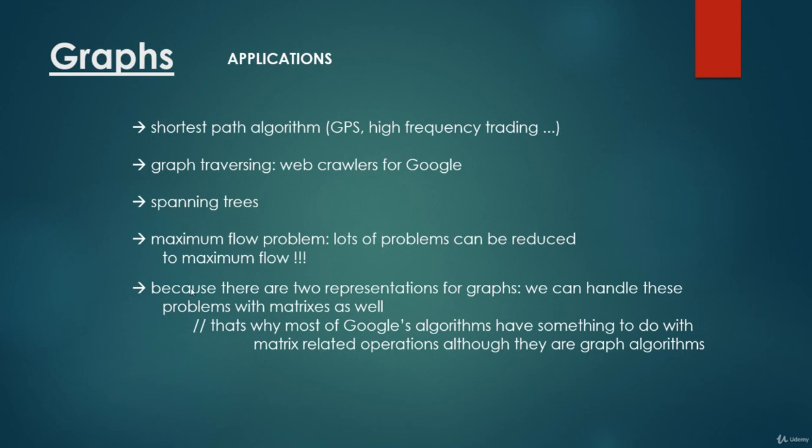If you are familiar with the PageRank algorithm, it is a graph algorithm, but we are able to handle graphs with the help of adjacency matrices, and that's why we are able to handle this given PageRank problem with the help of matrix-related operations such as singular value decomposition, eigenvalues, eigenvectors, and so on. So this is why, because we have two ways to represent graphs, we have several approaches to solve these given problems. So that's all about graph theory.